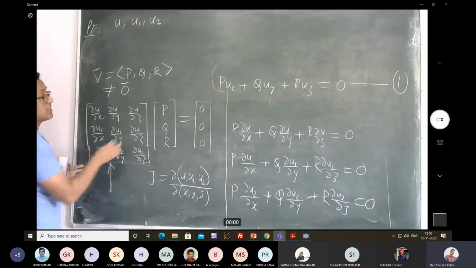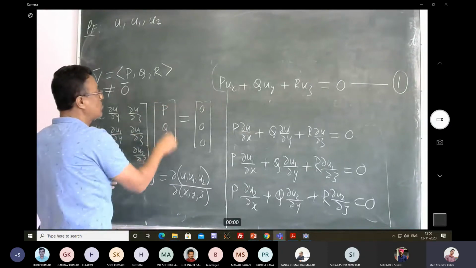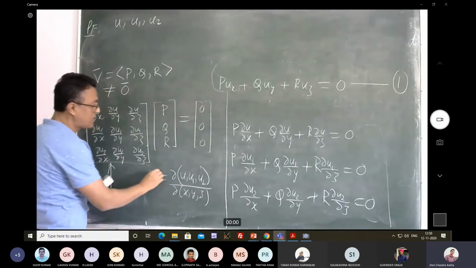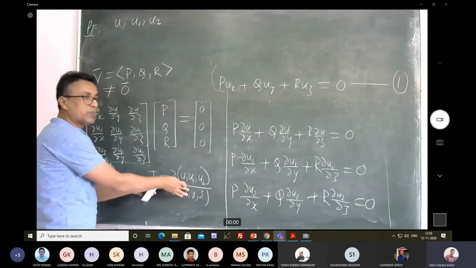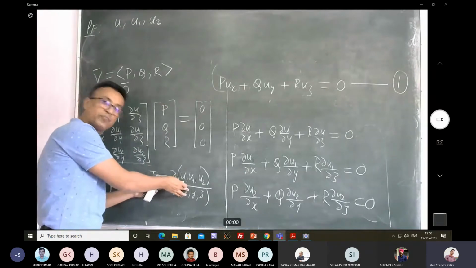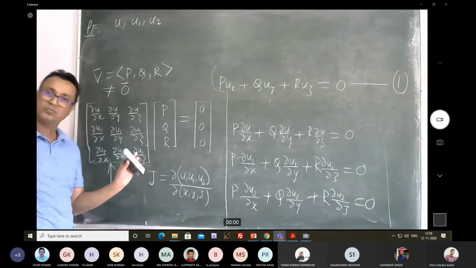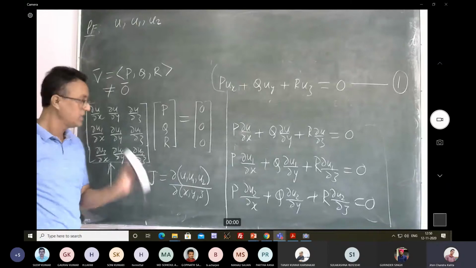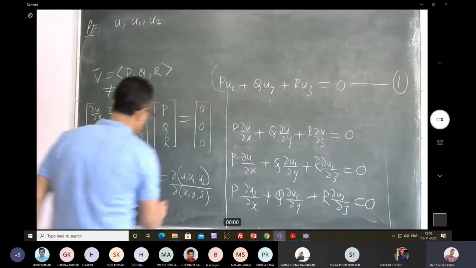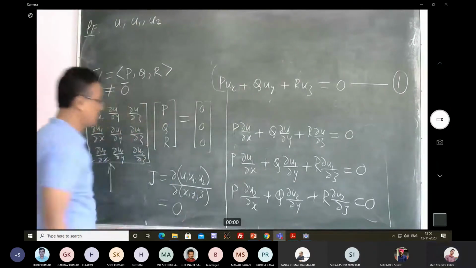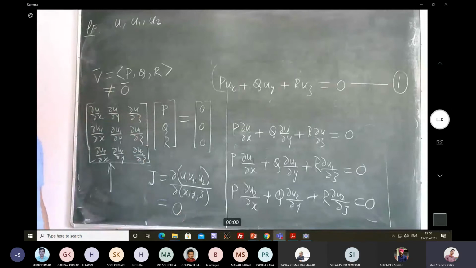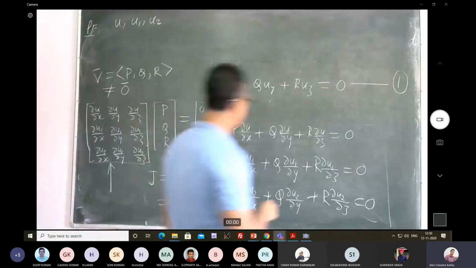But since at least one of P, Q, or R is non-zero, this Jacobian must vanish. Clear? So that is why this is equal to 0.